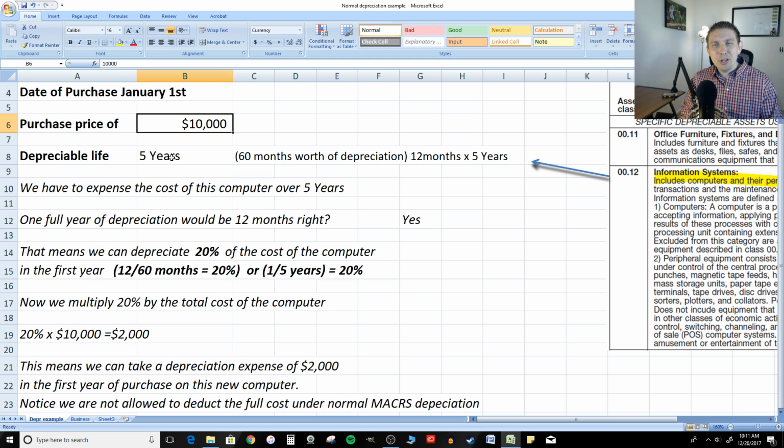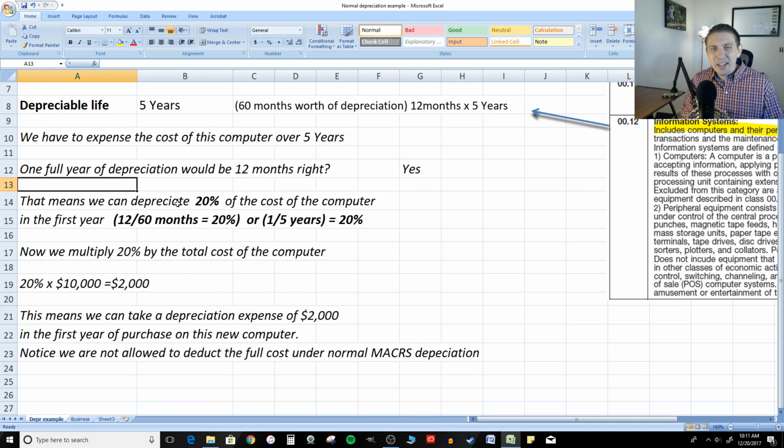So we bought our computer on January 1st, and during the course of the entire year, we've taken now 12 months of depreciation, right? Because we've had the computer for one whole year. So now we have to calculate the depreciation expense over 12 months. What we do is take one full year of depreciation, which is 12 months, and that means we can depreciate 20% of the cost of that computer.